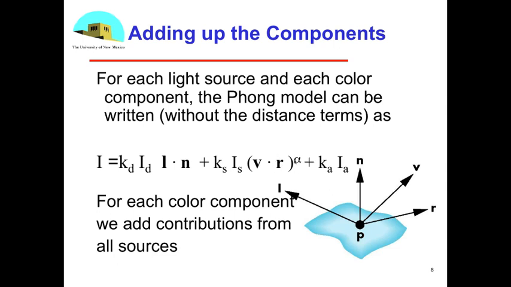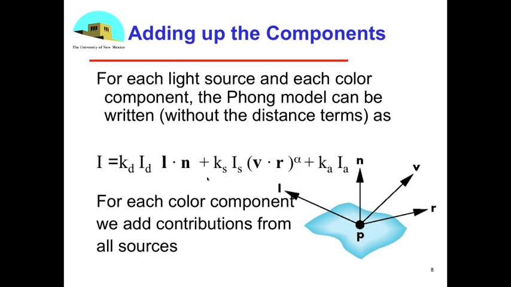We'll come back to that in a minute, raised to the alpha power. So here's the standard lighting model, the Phong model, and then we add on, if you like, the distance term by dividing by that quadratic. And that's almost the standard model.